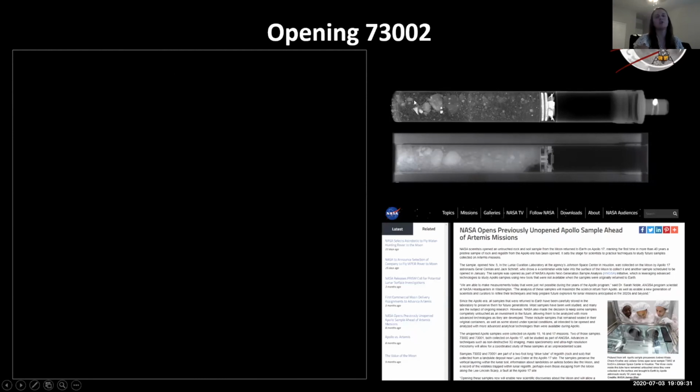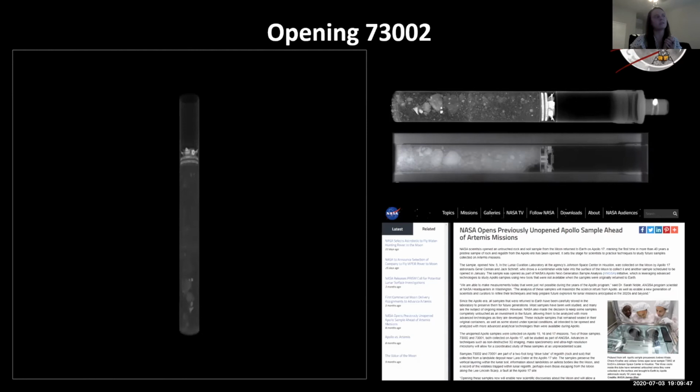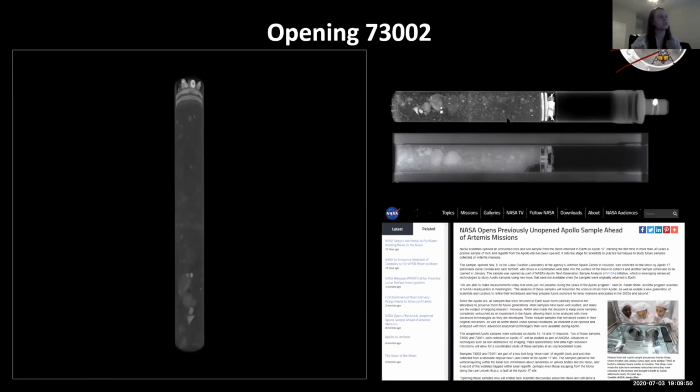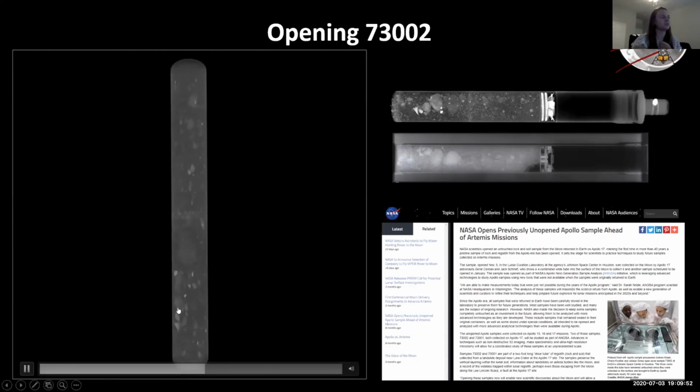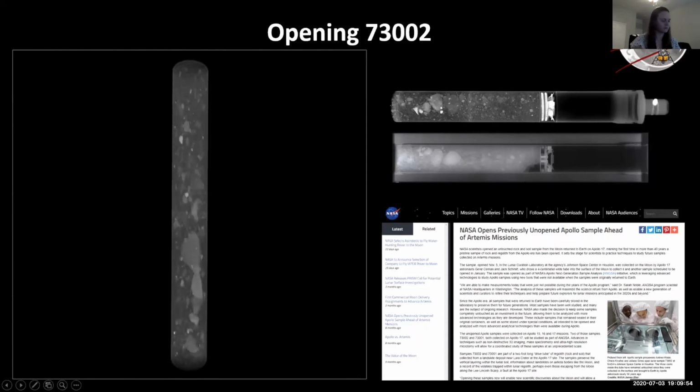So we can get a huge amount of detail from these scans. I'll just play that again, compared to what was possible previously. And actually, I think this image is made up of over 6,000 slices, or 6,000 images, that can all be dissected, and you can go in and look at each slice and look at each little clast individually.